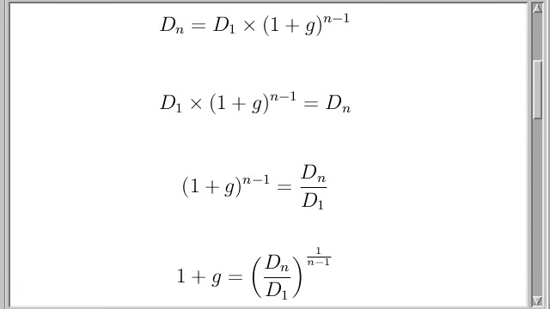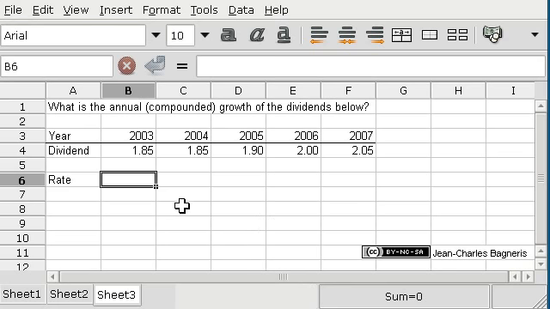So now let's use this on our exercise. So here the rate should be last dividend value over first dividend value to the power of 1 over the number of years. That's 2007 minus 2003 minus 1.